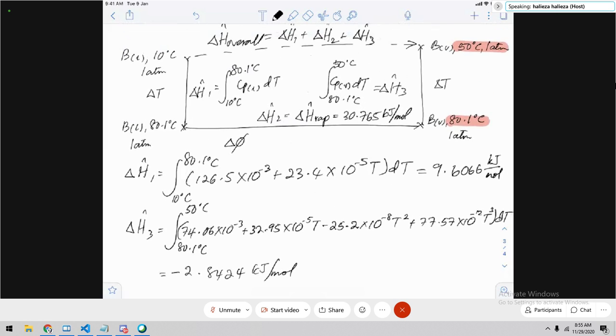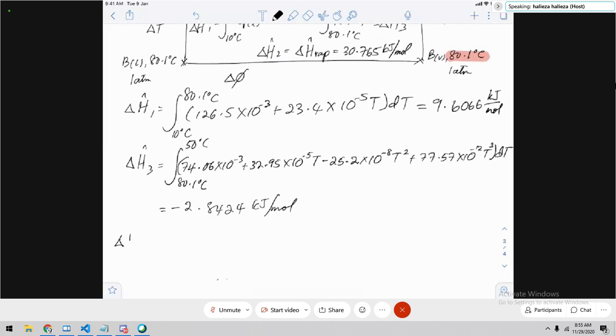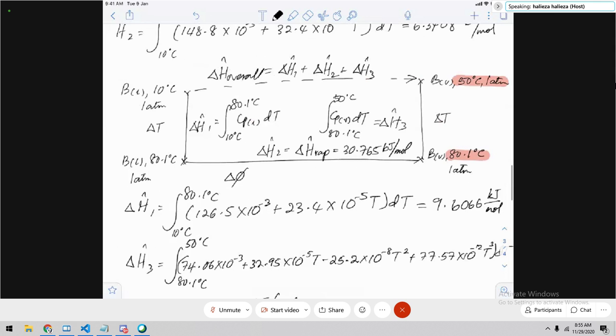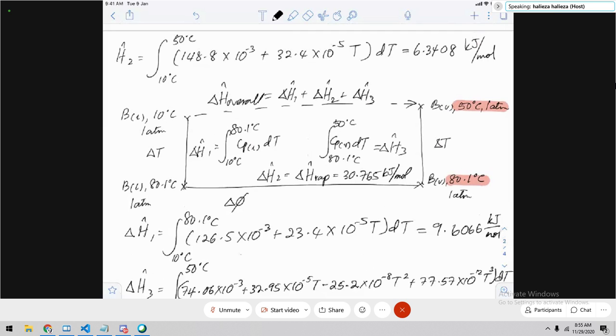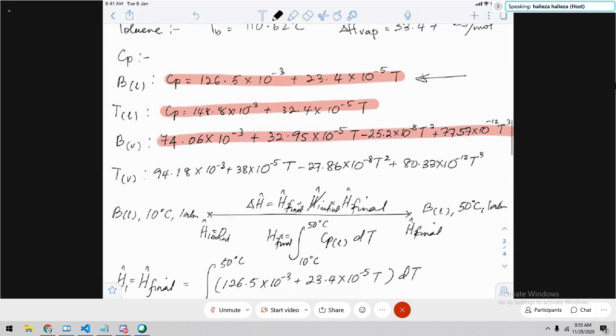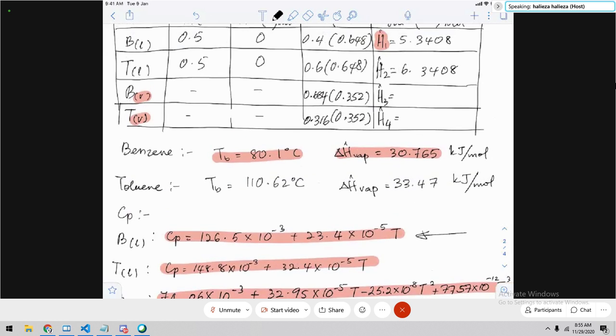Now we total it up. So our delta H overall: what are we doing actually? We are getting the H of the vapor of the benzene. If you look at the table that we constructed earlier, that is H3, the enthalpy 3.